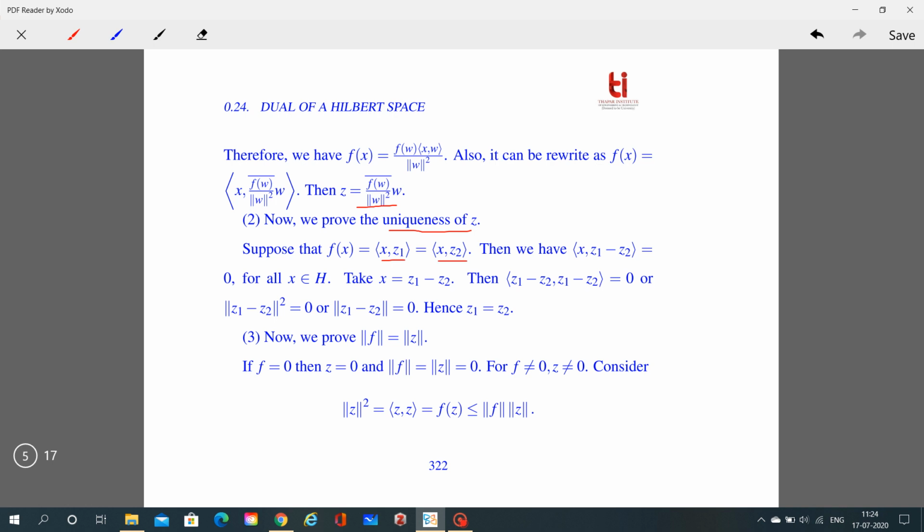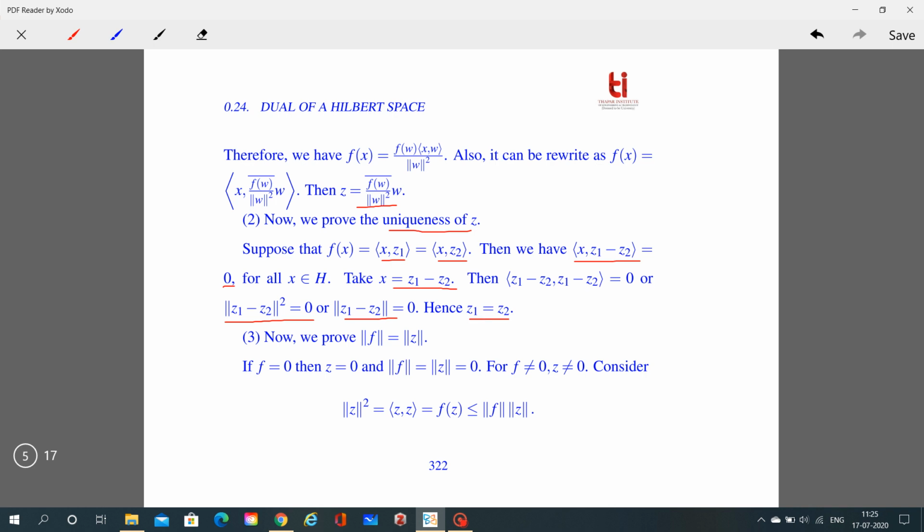Then we have ⟨x, z1 − z2⟩ = 0 for all x belonging to H. So take x = z1 − z2. Then ⟨z1 − z2, z1 − z2⟩ = 0, or the norm of z1 − z2 squared is equal to 0, or we can say that the norm of z1 − z2 is equal to 0, hence z1 = z2.